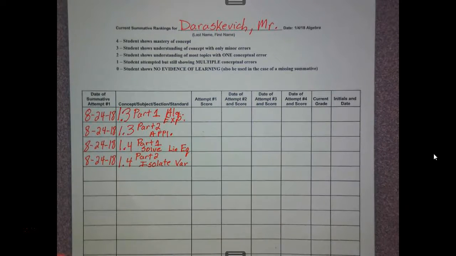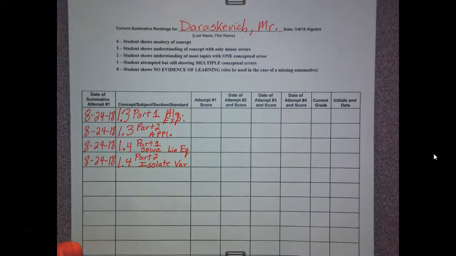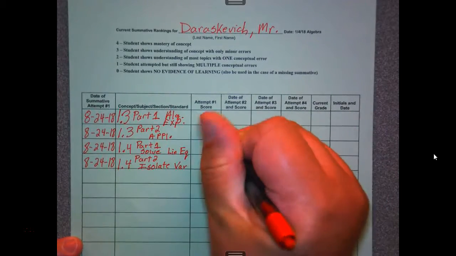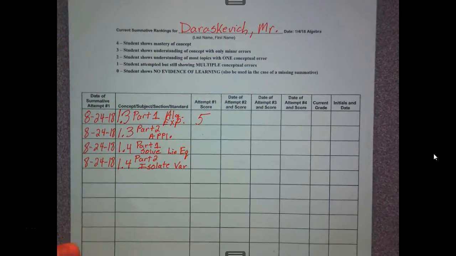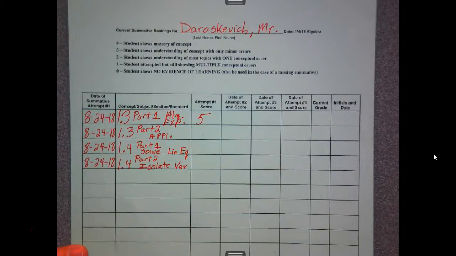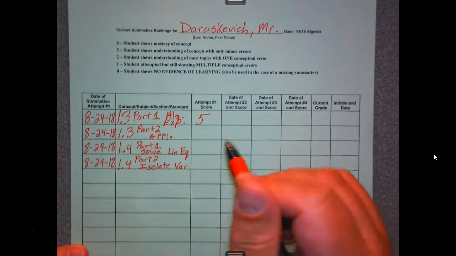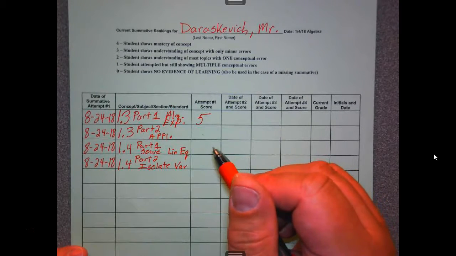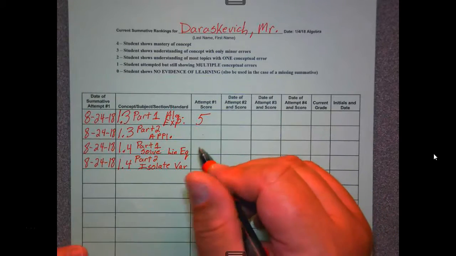Now, put your scores where appropriate. I was really good at 1.3 part 1, so I got a 5 on that. Part 2, not so much. There were a lot of conceptual errors on 1.3 part 2.